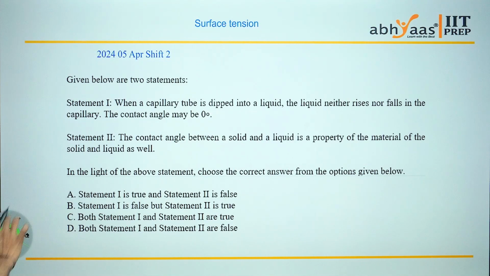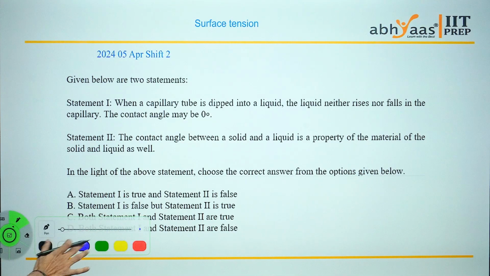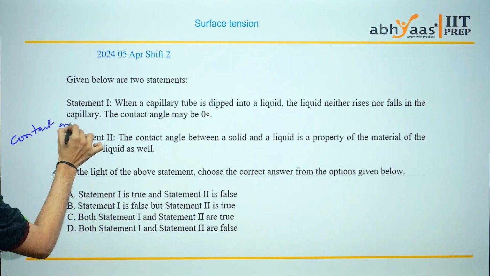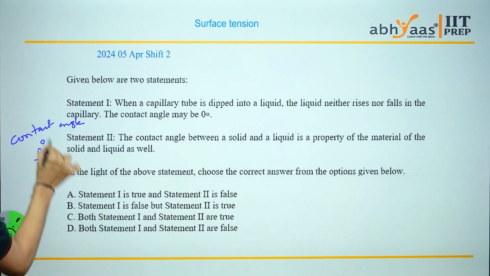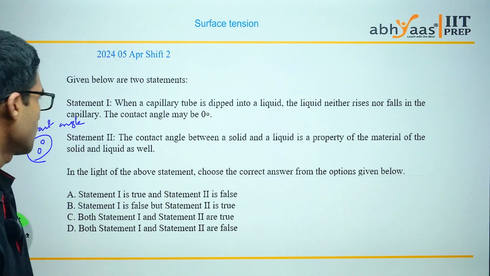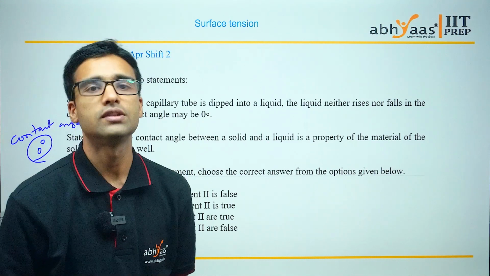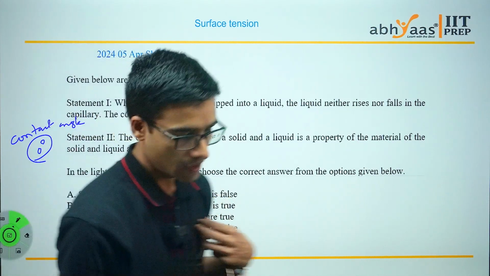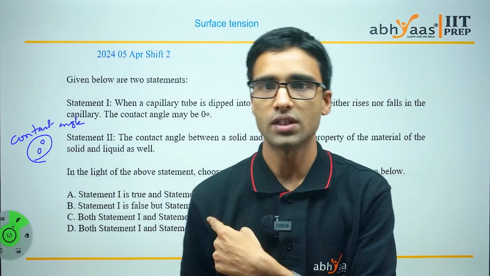These are theoretical problems, so if you see contact angle 0 degrees, whether it is rising or not, you just check it. Neither rising nor falling, that is there. Contact angle between a solid and liquid is a property of material, yes, that is also because of cohesive force and adhesive force, the capillary rise is there. So by seeing the 2 statements of mine, you just answer it.